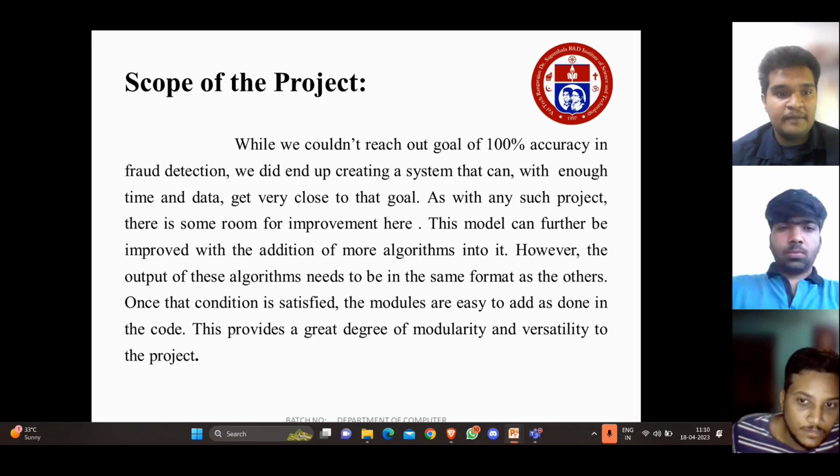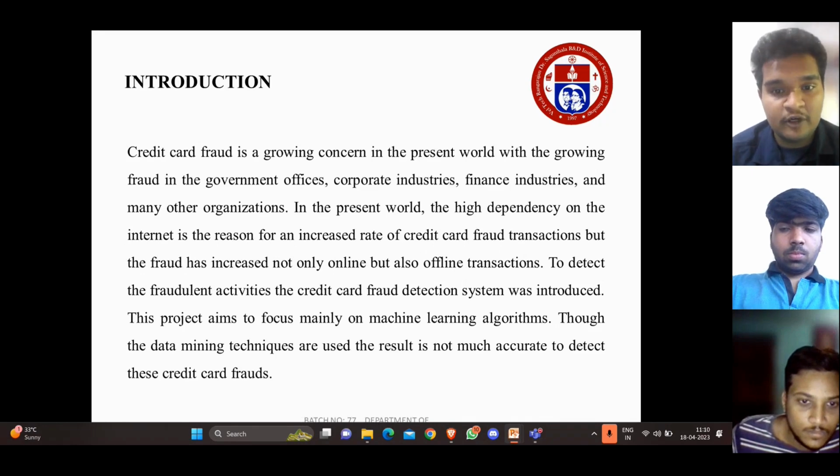This model can be further improved with the addition of more algorithms. While looking at different algorithms which suit this project, we took up some of the algorithms that are going to be implemented to get at least a good accuracy rather than 100% accuracy. This provides a great degree of modularity.